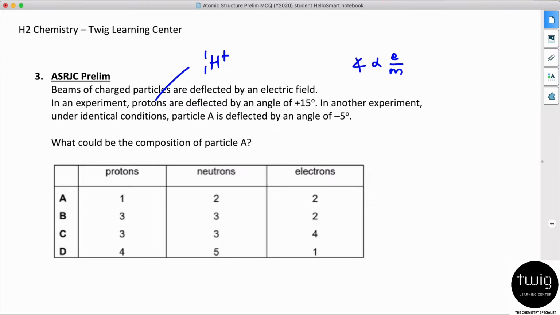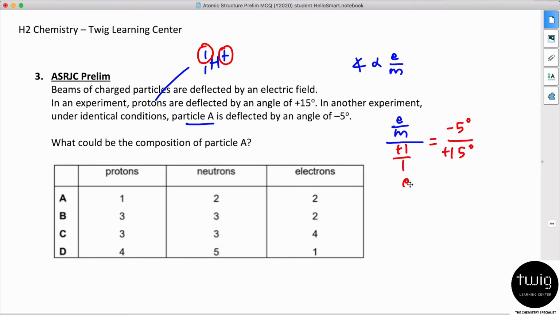I'm going to write down, for particle A, the charge over mass of particle A over the charge over mass of the proton. The charge for the proton is +1 and the mass is 1. Particle A is deflected by -5 degrees, the proton by +15 degrees.